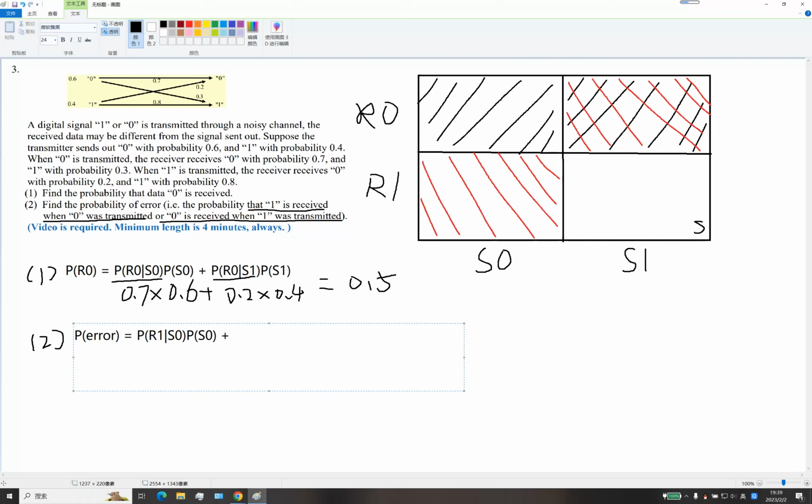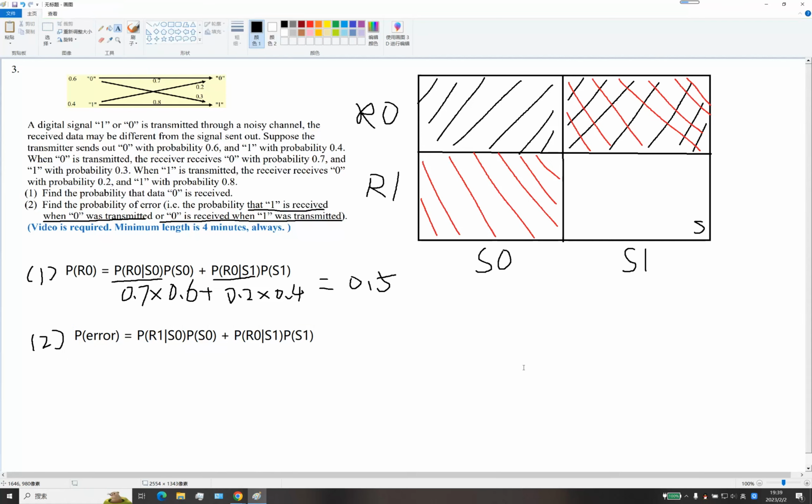And the second part is receive 0 when we send 1, which should be multiplied by the probability of send 1. So this is the total probability of getting an error.